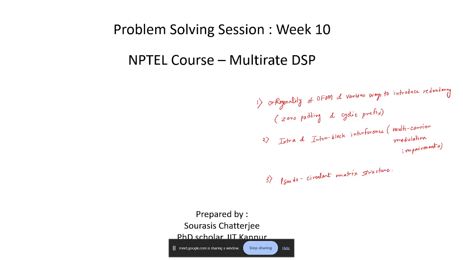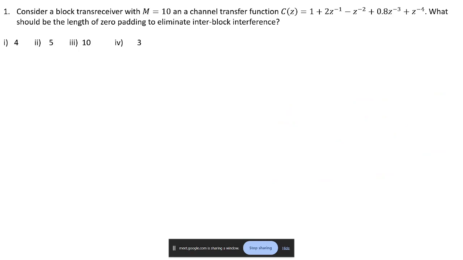So keeping them in mind, let us move to our first question. The first question is about a block transceiver when M is equal to 10 and a channel transfer function C(z), which is given as follows.